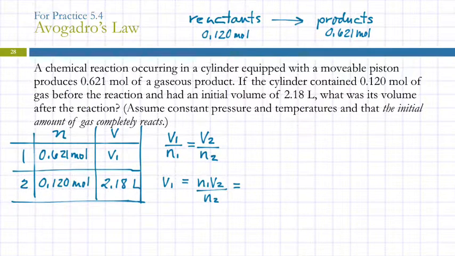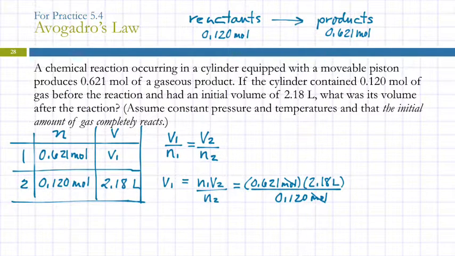So I've got my equation, then I'm going to plug in my numbers. N1 is 0.621 moles. Always write the units. Volume 2, 2.18 liters, divided by N2, 0.120 moles. And we see that moles cancel out, leaving us units of volume, which is good.